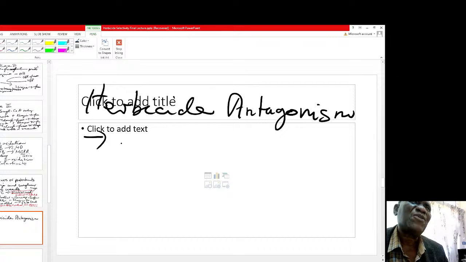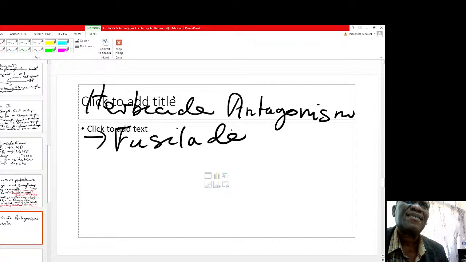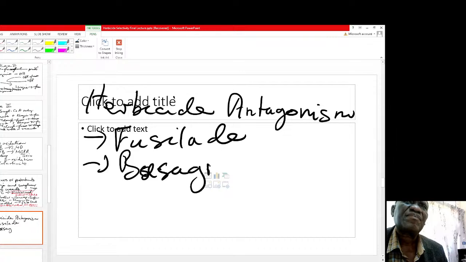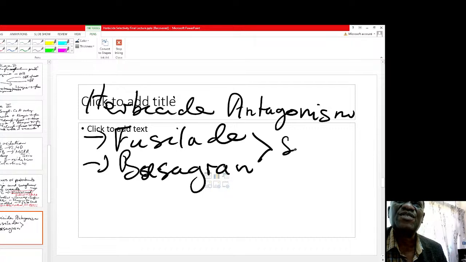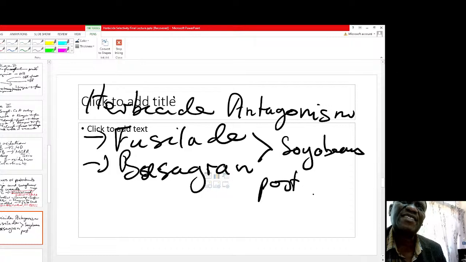It can happen with Fusilade and Basagran. Both herbicides are used in soybeans post-emergence.